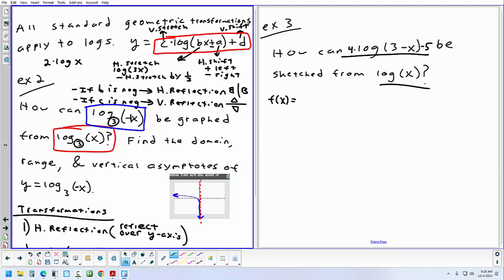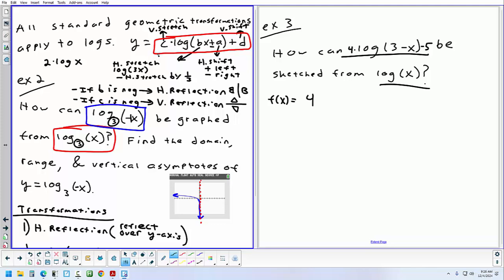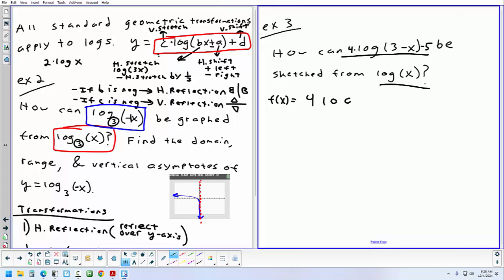That 3 has nothing to do with a horizontal stretch. It has to do with the shift. That should be coming second. So it's not wrong in that order. It's just if you look at it that way, what's in this red box might not help you as much. So it should be like that.